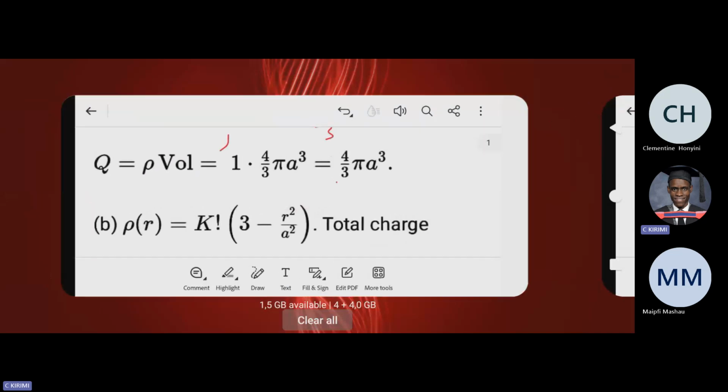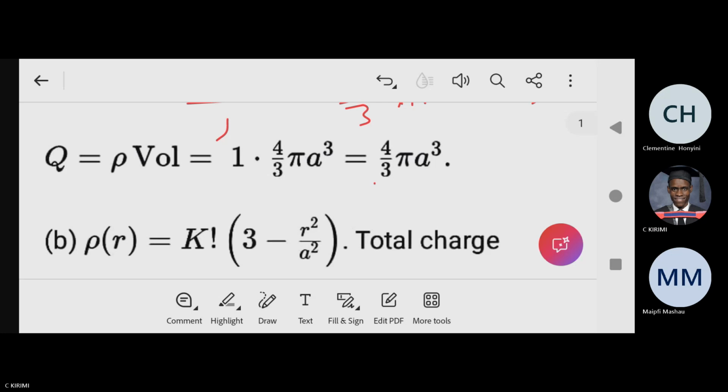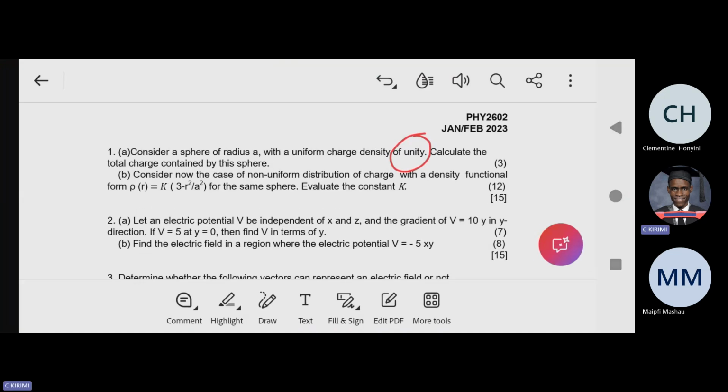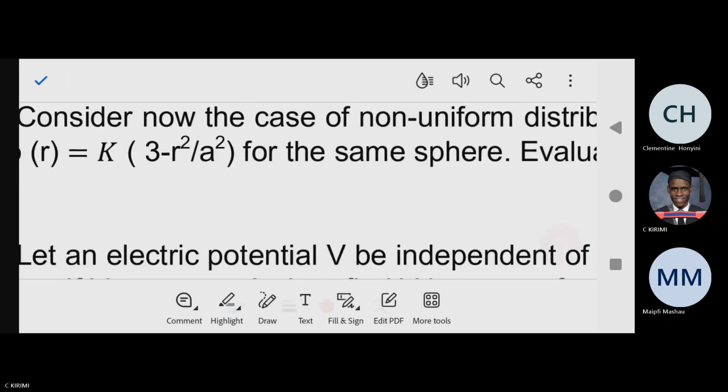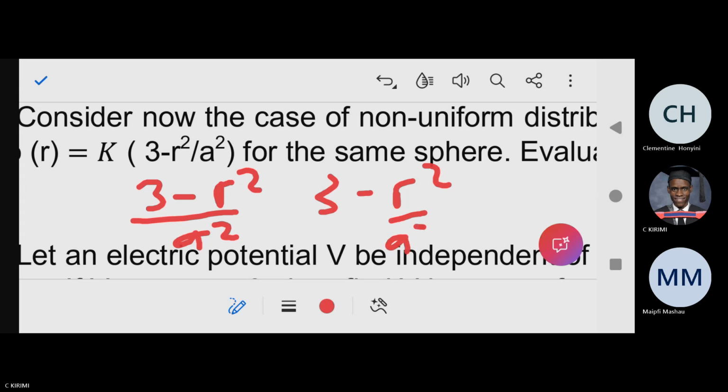What we want to do now. So the starting point, we know that is the equation we are given: 3 minus r squared over A. Don't mistakenly confuse this with 3 minus r squared over A squared in brackets.